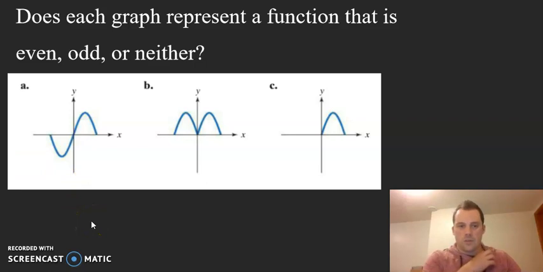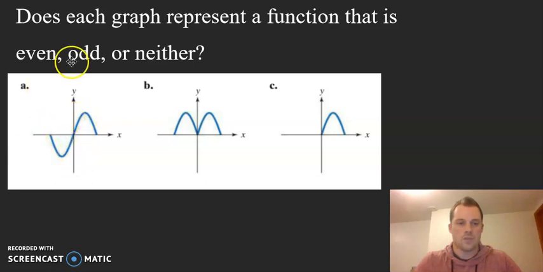So we've got a couple examples here. We want to determine if they're even, odd, or neither. Well, this one here goes through the origin, so that's the first thing I'm looking for. It's not reflected across the x or y axis, so I'm not looking at even. But if I were to take this curve and rotate it about the origin, it looks exactly the same.